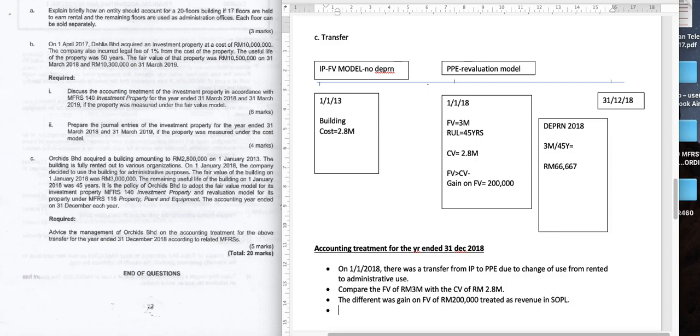The IP was not depreciated because of the policy, because it is measured using fair value model. Alright, and then you have to further explain depreciation.